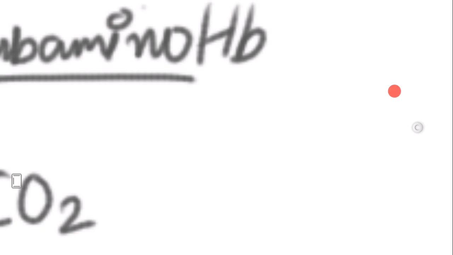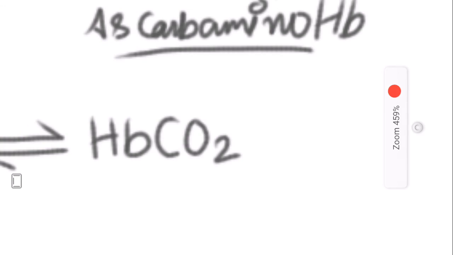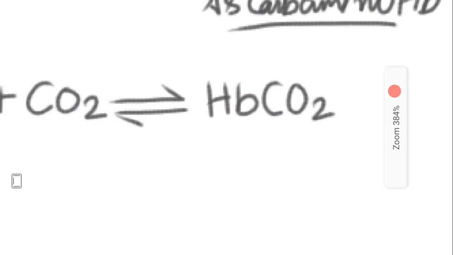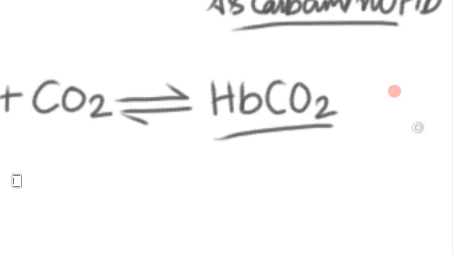In addition to reacting with water, the carbon dioxide in the blood directly reacts with the amino acid radicals of hemoglobin and forms an unstable compound, carbaminohemoglobin.